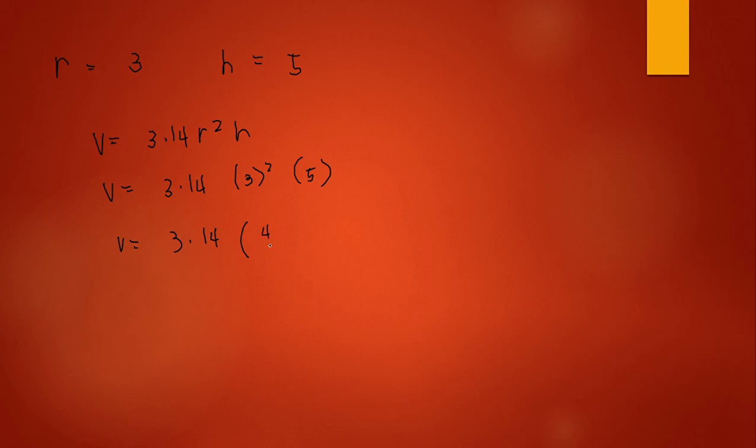That would be 3.14 times 9 times 5, which is 45. When you plug it into your calculator, V is equal to 3.14 times 45, you'll have 141.3 cubic centimeters. Therefore, if r is equal to 3 and h is equal to 5, the volume would be 141.3 cubic centimeters.